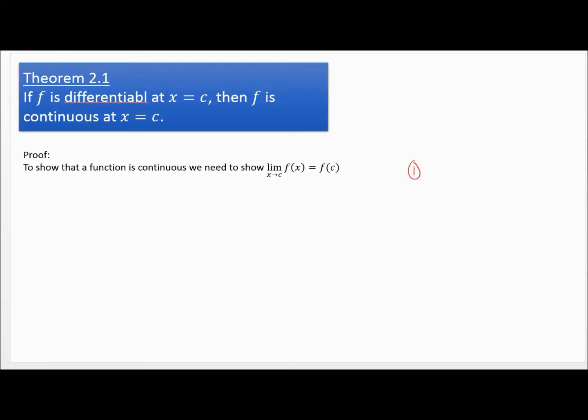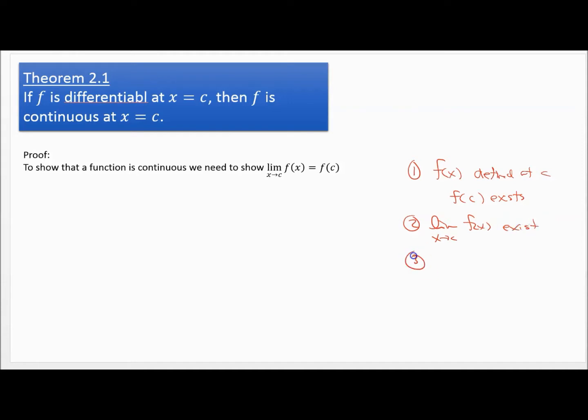Number one is f of x has to be defined at c. In other words, f of c exists. That's probably a better way to write that, okay? Number two, the limit as x goes to c of f of x must also exist.